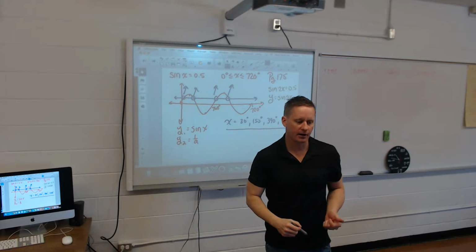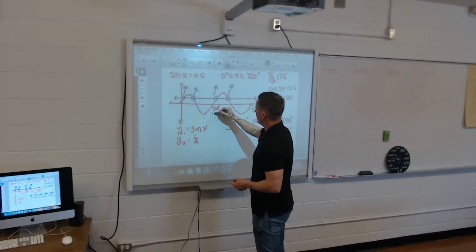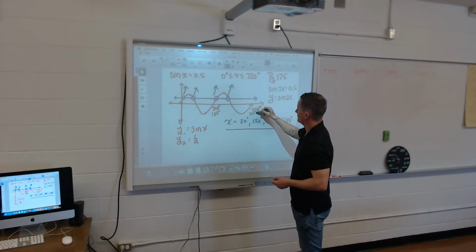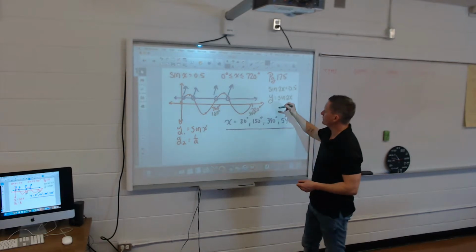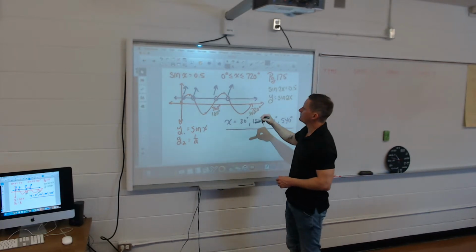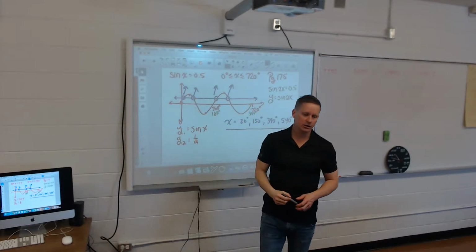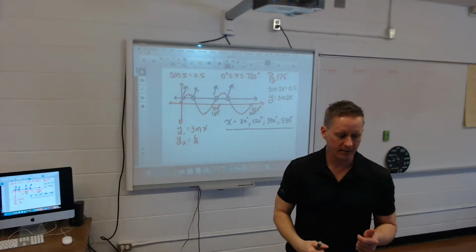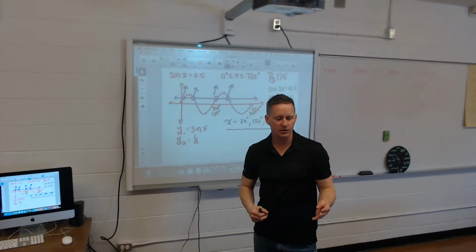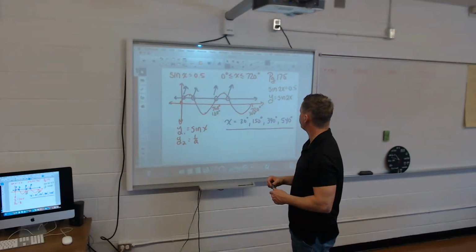It repeats every 180 degrees. So this now is 180 degrees, this is 360, and then I would have to keep going to 540 and then to 720. By putting that 2 in front of the x, I've increased the number of solutions from 4 solutions to 8 solutions, because I have to keep going around the circle.